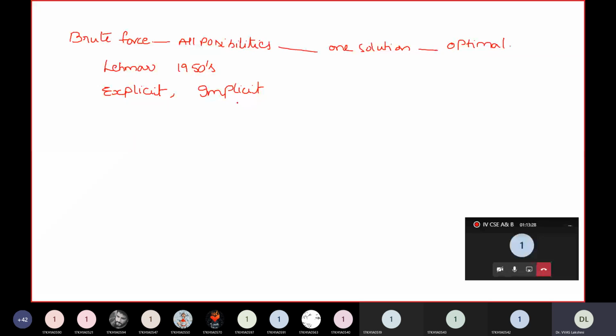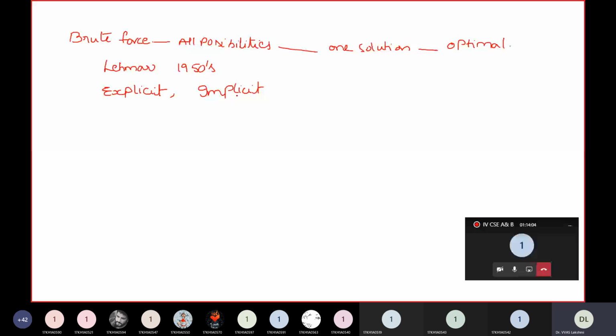A problem is solved step by step, moving from stage to stage to reach the final goal, and each stage is known as a state. So explicit constraints depend upon a particular instance, not the entire problem, while implicit constraints are satisfied by the entire problem. Explicit belongs to a state, implicit belongs to the entire problem.